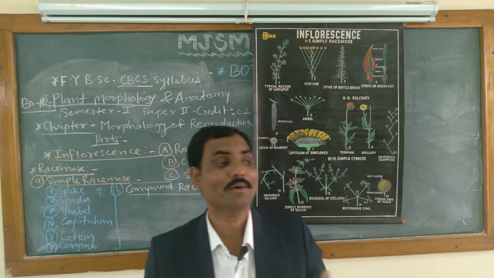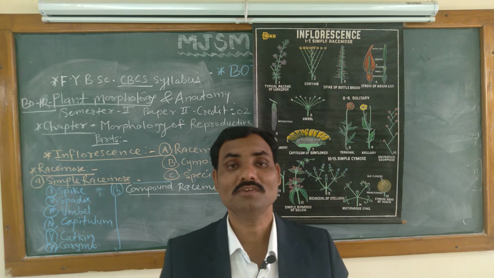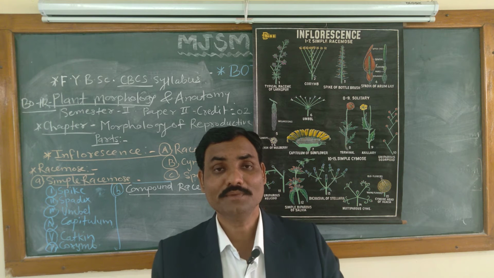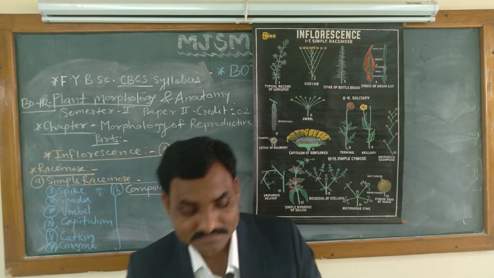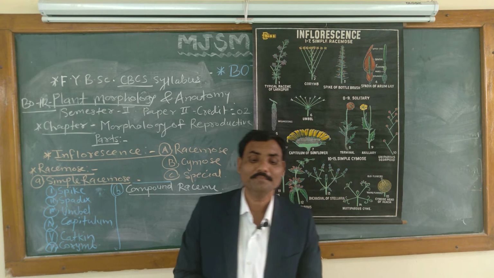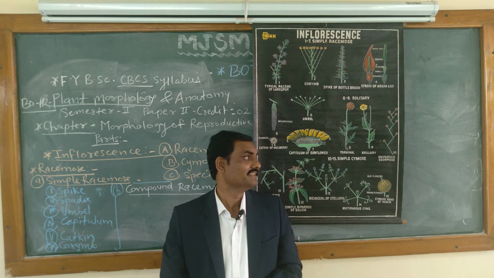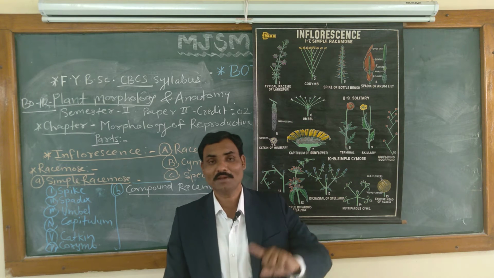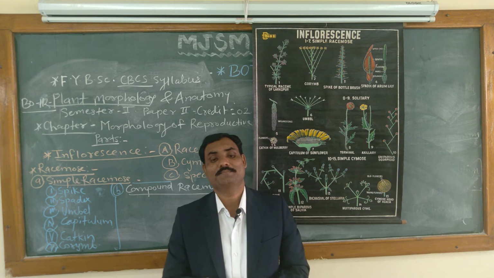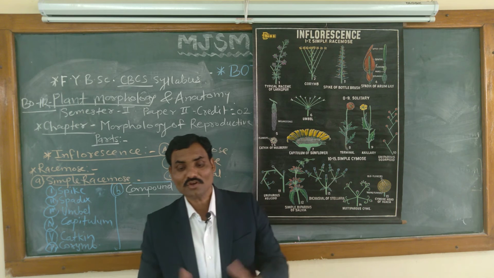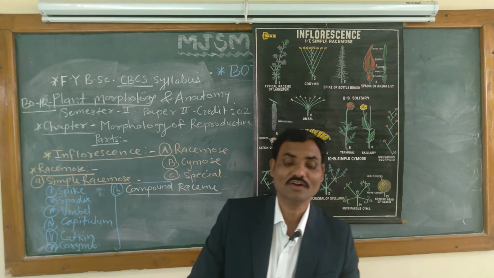And what about compound raceme? What is the difference between simple and compound raceme? In compound raceme, the axis is elongated and branched. This is the simple difference. There is one branch, here is a branch. Then the flowers are produced on branches, and it is also called a panicle.